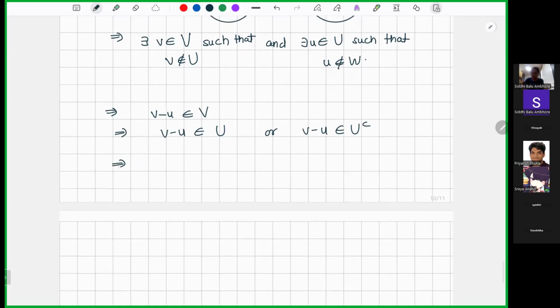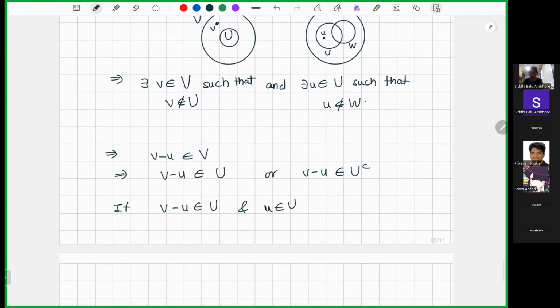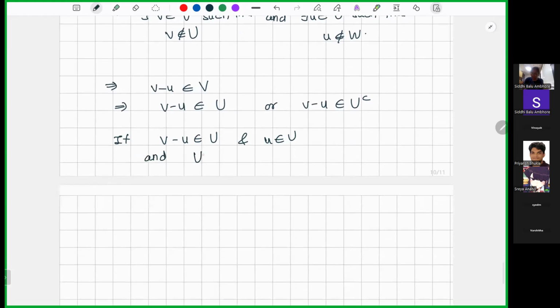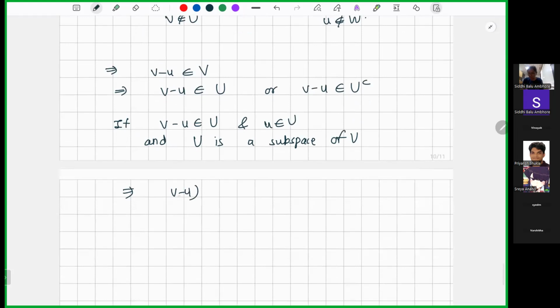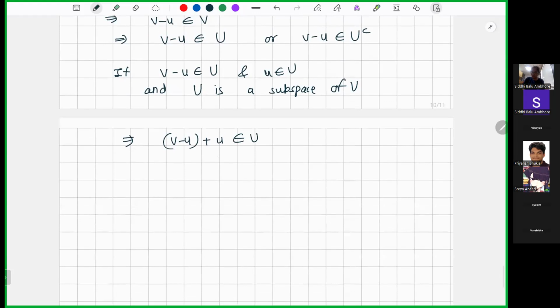Okay, so if this v minus u belongs to U, and we also have this u in U, and U is a subspace of V, then the addition of these two points, v minus u plus u, must also belong to U, right?